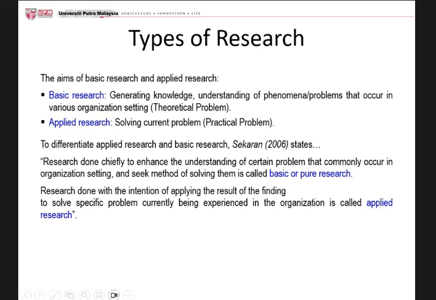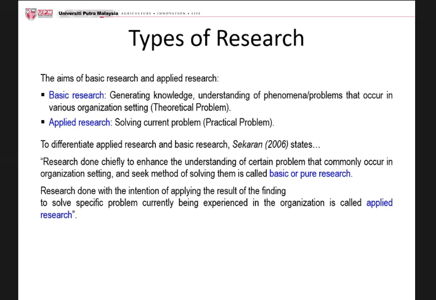To differentiate applied research and basic research: research done chiefly to enhance the understanding of certain problems that commonly occur in organizational settings, and to seek methods of solving them, is called basic or pure research. Research done with the intention of applying the results of the findings to solve a specific problem currently being experienced in the organization is called applied research.